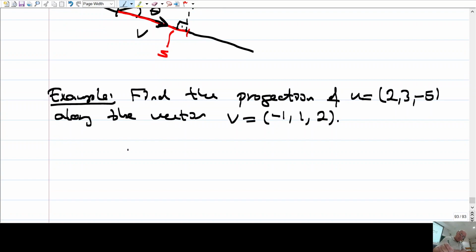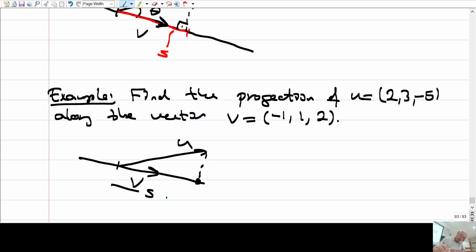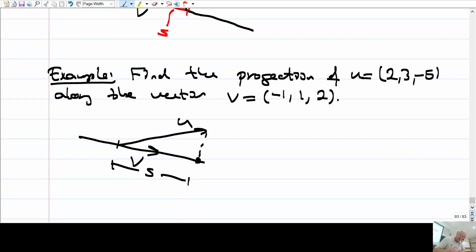So let's say this is the vector v and this is the vector u. We would like to find the projection of u along v. So just the length of this vector.